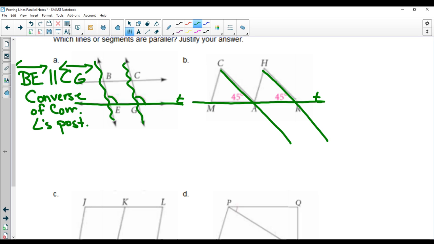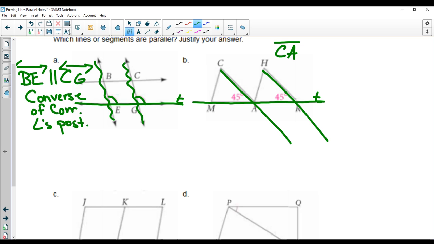And I'm looking like I have a corresponding relationship because I have two angles that are 45. And they are in the same location in different neighborhoods. This first 45 up here at point R is on the bottom left, and this one here at A is in the bottom left. And those are the same measures, so that means they're congruent.